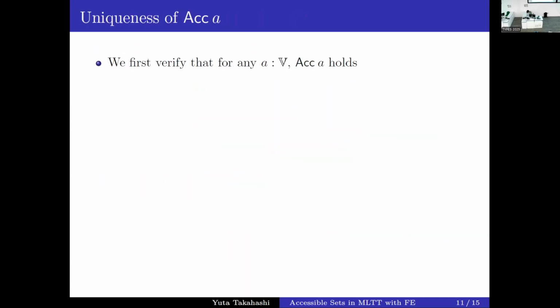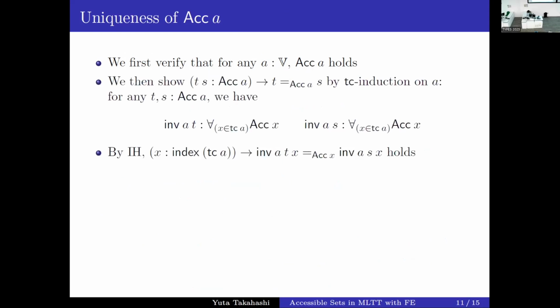And then finally, we can prove the uniqueness of arc A. We first verify that for any set A, arc A holds. And then we show, for any proof of arc A, T and S are equal by TC induction on A. For any T, S of type arc A, first we have these facts by the inversion operator.